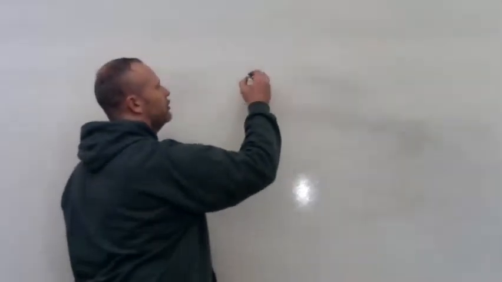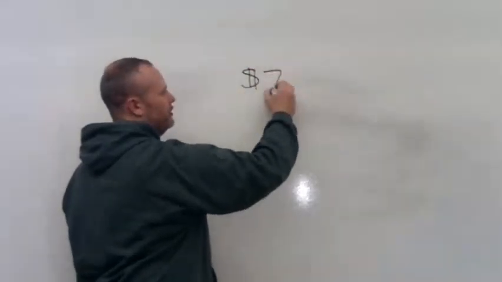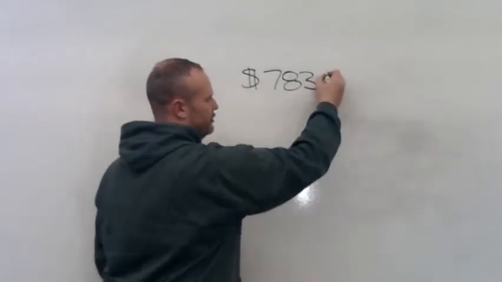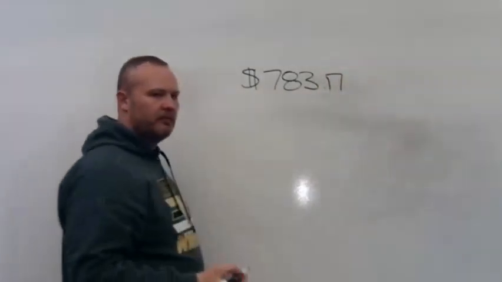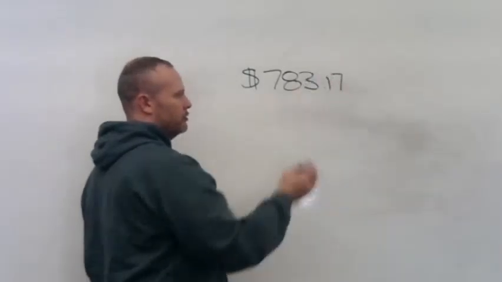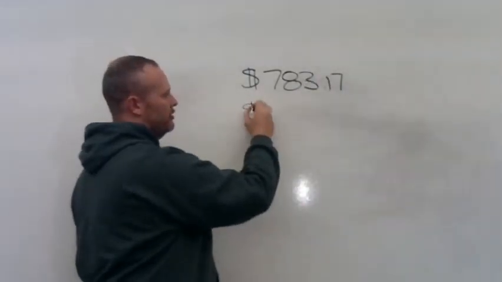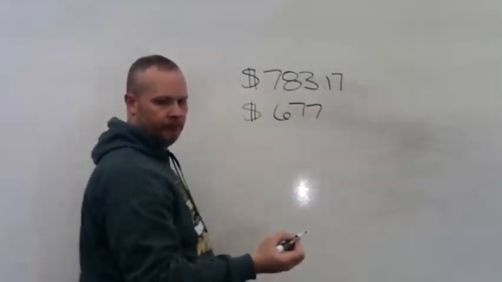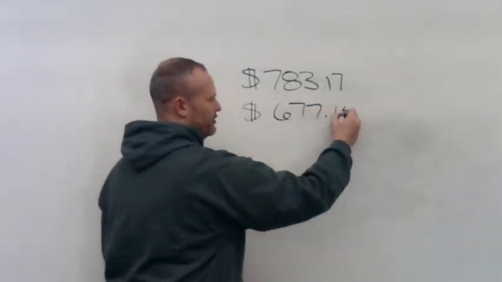So in order to find out this problem, we take what our current annual clothing cost is, $783.17. And then we subtract our previous year's, which is $677.15.